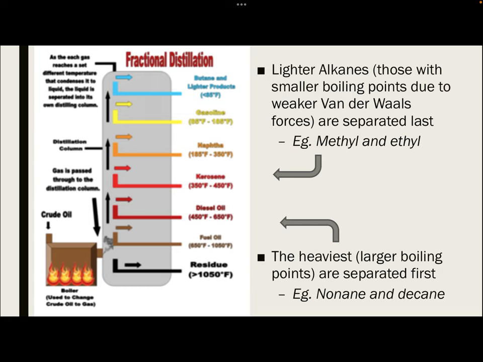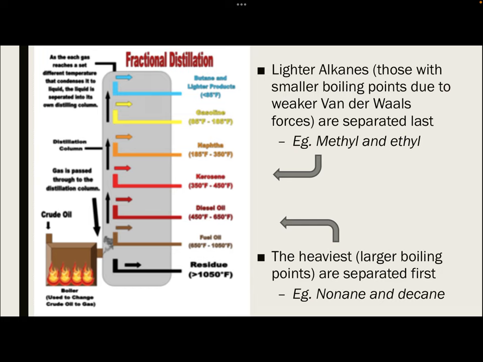So here you can see the image of fractional distillation. It's a little blurry, but you can see that each gas has to reach a different temperature in order to condense.